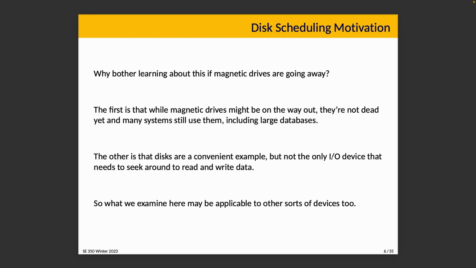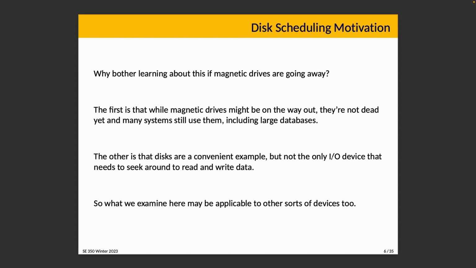And again, to emphasize one more time, why do we care about magnetic drives when they are in the long run going away? Well, they're not dead yet. Many systems still use them. Large storage systems tend to use them. You can have much more storage for your money by getting a magnetic hard drive for something, and that's not necessarily bad, right?